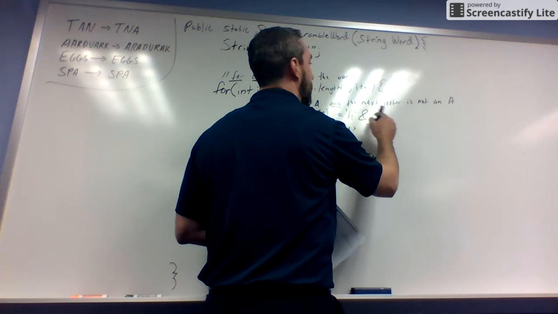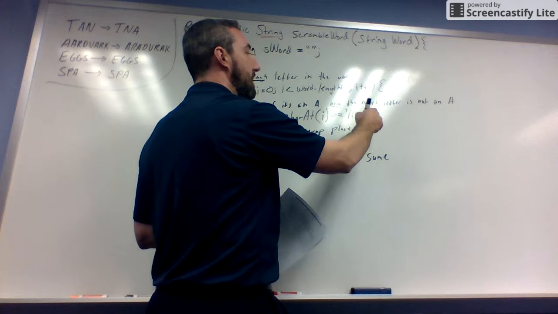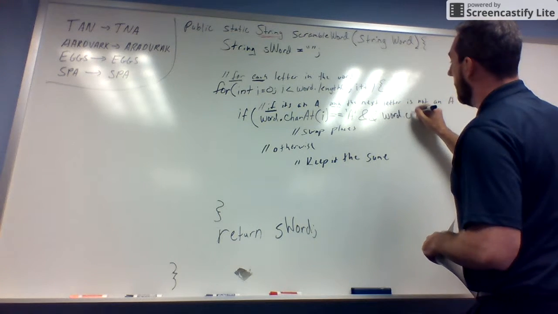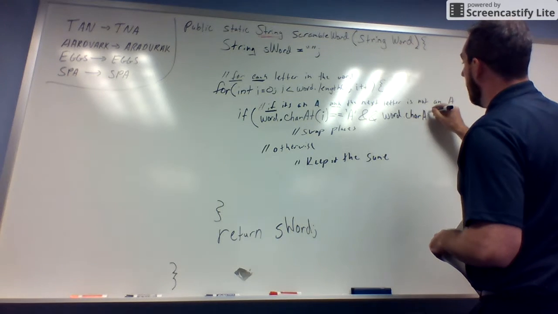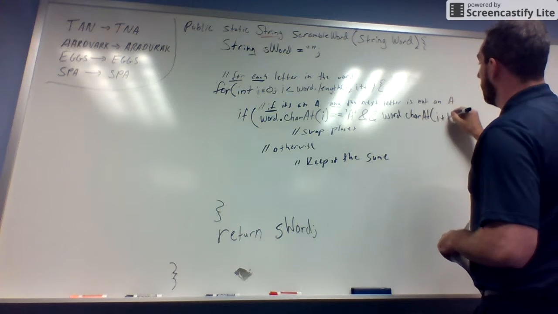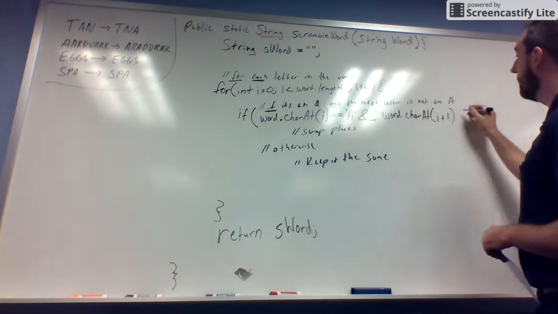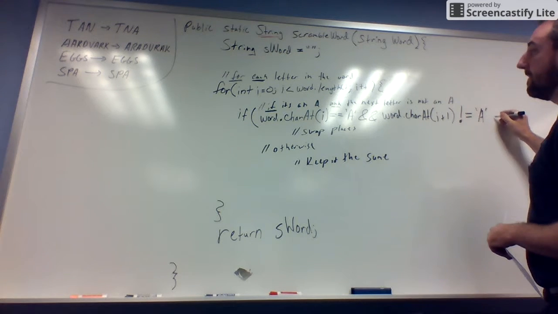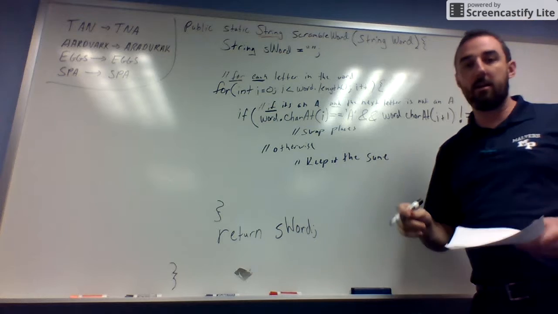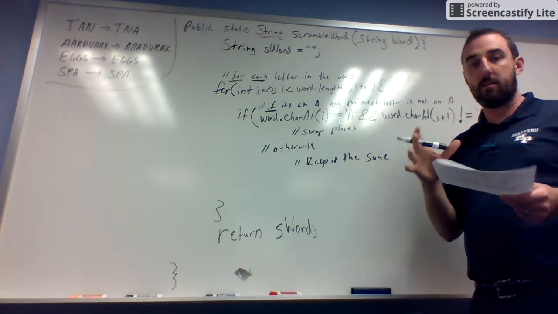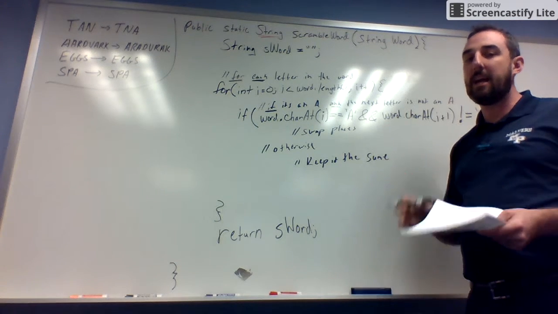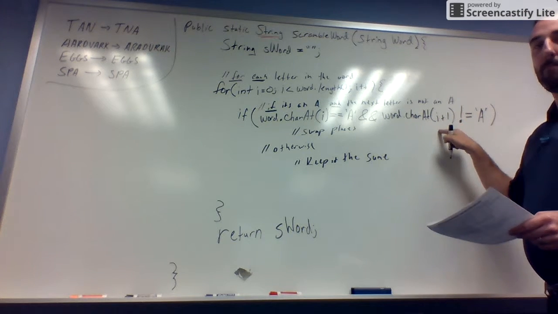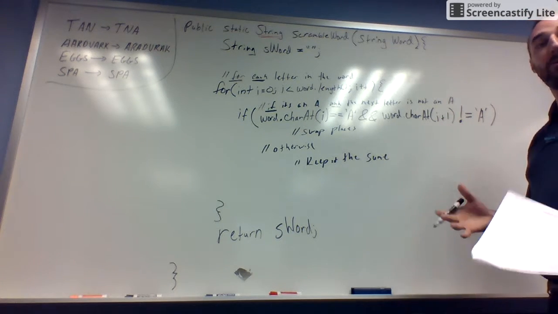And the next letter is not an A. So, word.charAt(i + 1), that's the next letter, does not equal A. Now, right at this point, my spidey sense is tingling. Any time that you do something like this, i + 1, you gotta be thinking of bounds errors.